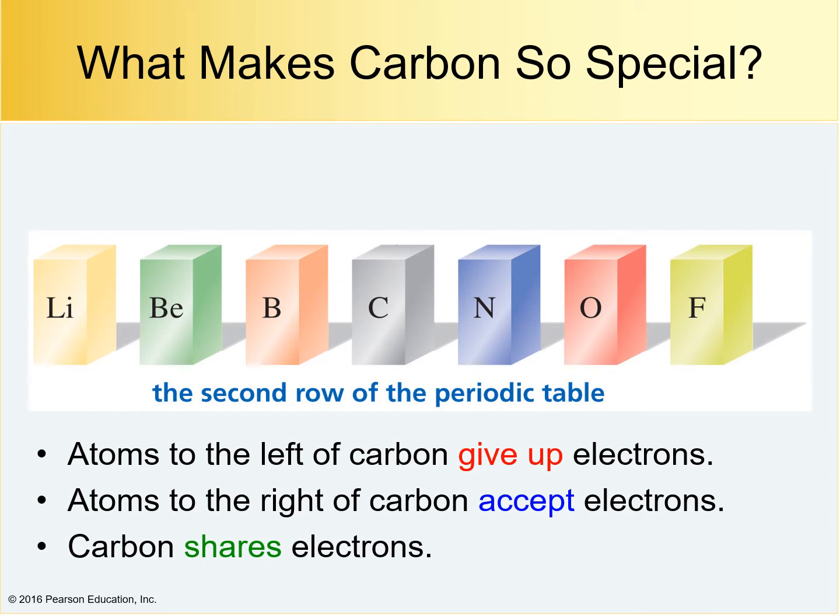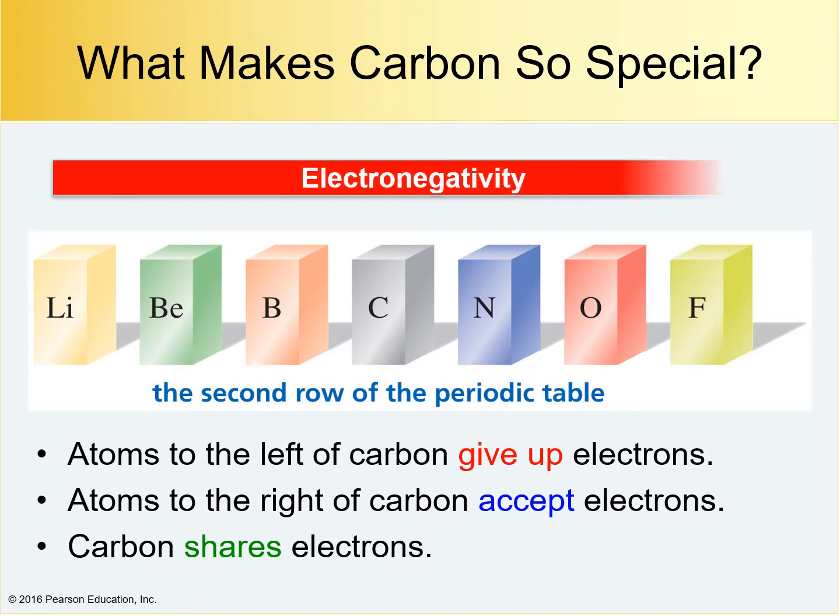So let's have a look at our second row elements, and these are all the elements that make up the second row of the periodic table, and carbon is contained in that row. Now, I said that electronegativity increases as you go from left to right across the periodic table. So atoms to the left of carbon are less electronegative than carbon, and tend to give up electrons.